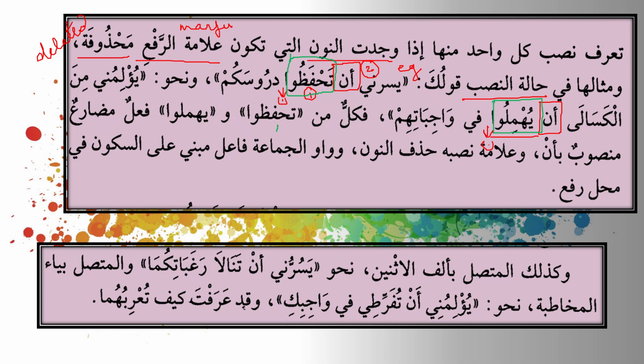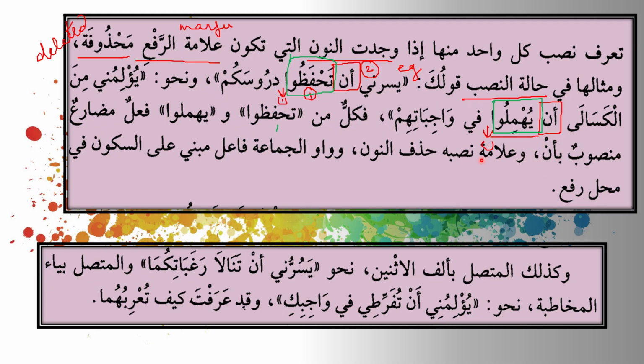So he explains here that فَكُلُّ مِنْ تَحْفَظُوا and يُهْمِلُوا, now these two fail mudare are mansoob bi'an. So he is saying these two fail mudare, that is the afalul khams, are in mansoob case bi'an, with the tool of nasb an.